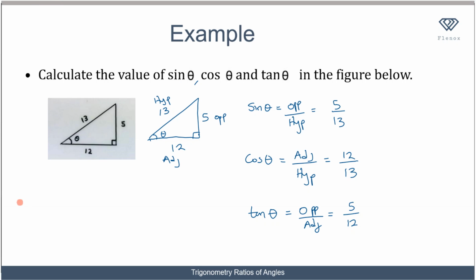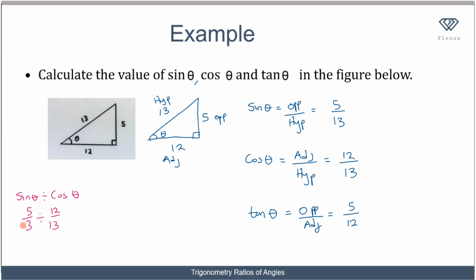Now I want us to quickly perform an operation. What I want us to do now is to find sine theta divided by cos theta. Based on what we have calculated, sine theta is 5 over 13, divided by our value for cos theta, which is 12 over 13.